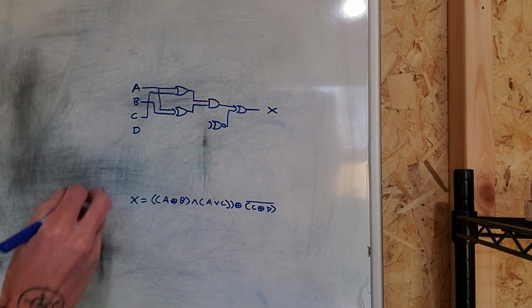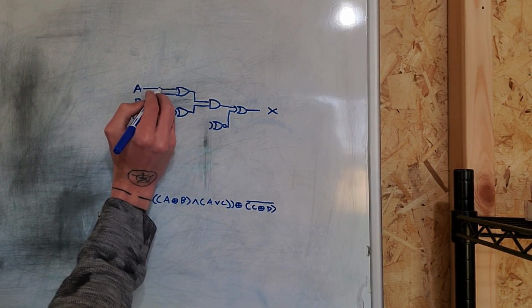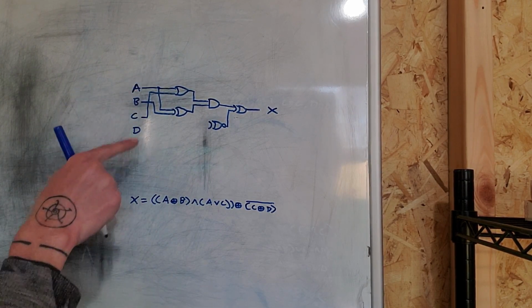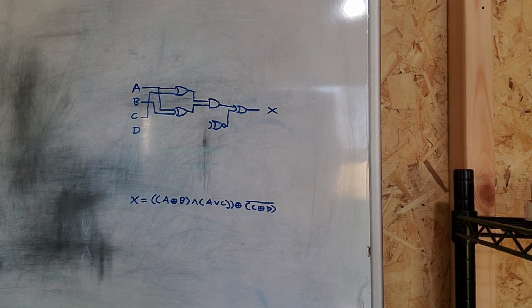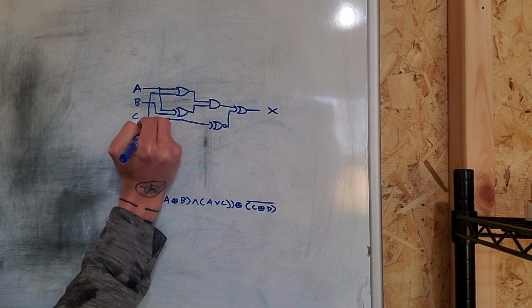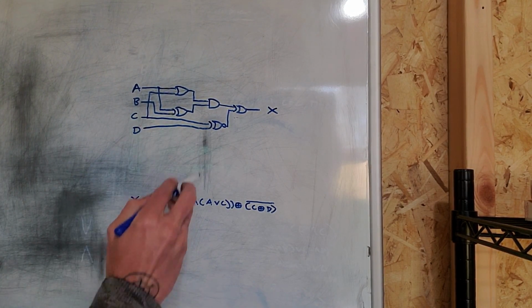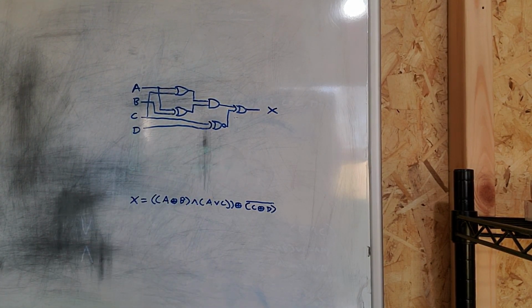If they were connected, they would have a dot drawn on them. This intersection right here, I could draw a dot here to represent that that is connected. And then we have C XNOR D, where simply C and D feed into this gate here.